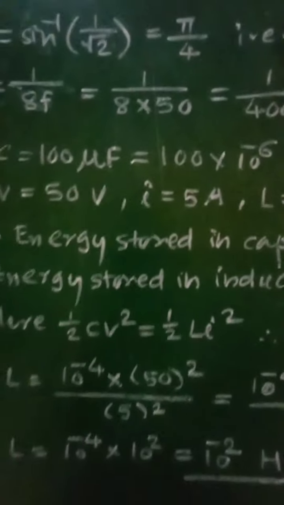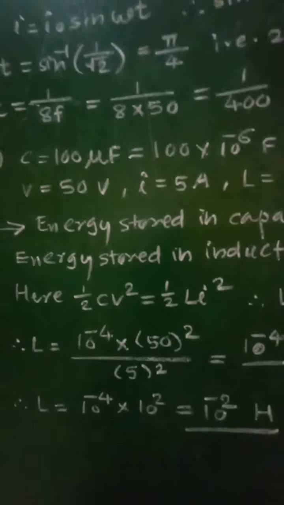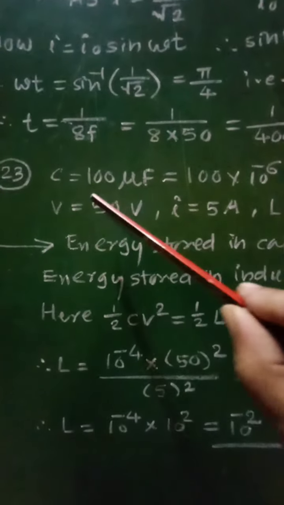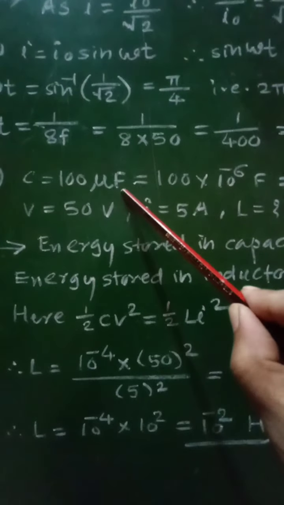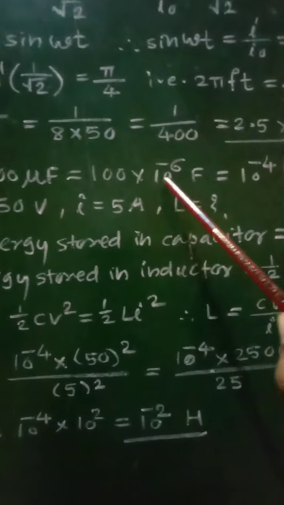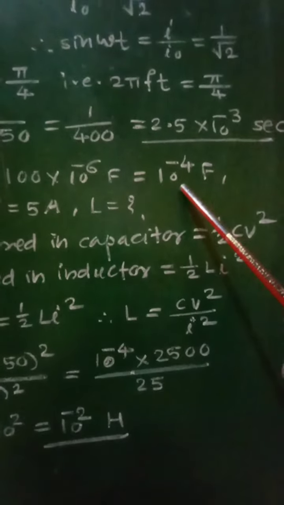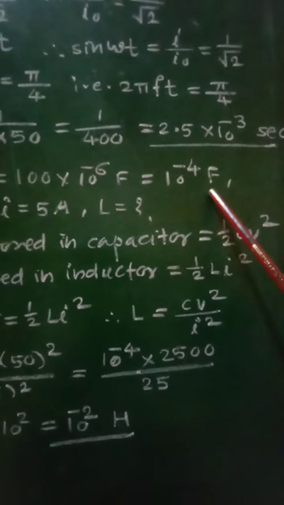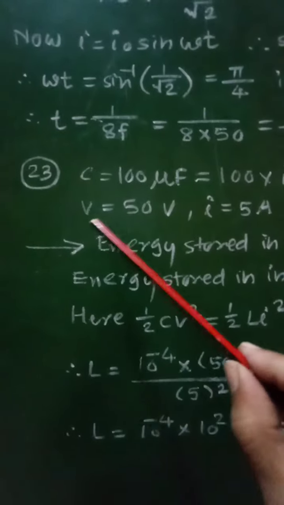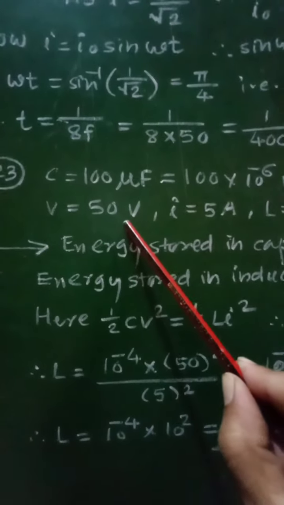And therefore, for this numerical, the given data is capacitance C is equal to 100 microfarad, which will be equal to 100 into 10 raised to minus 6 farad, which comes out to be 10 raised to minus 4 farad. Then supply voltage V is equal to 50 volt.